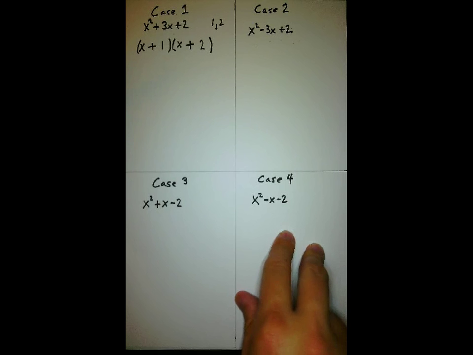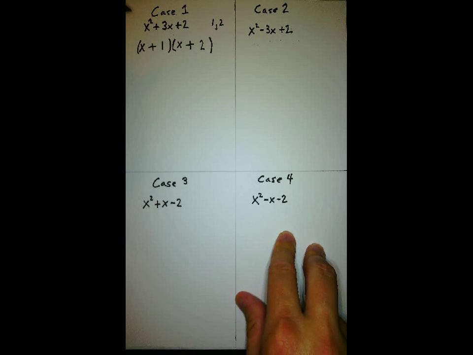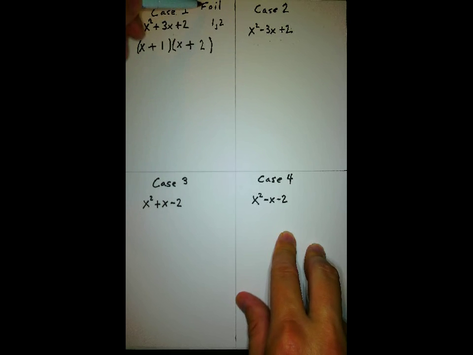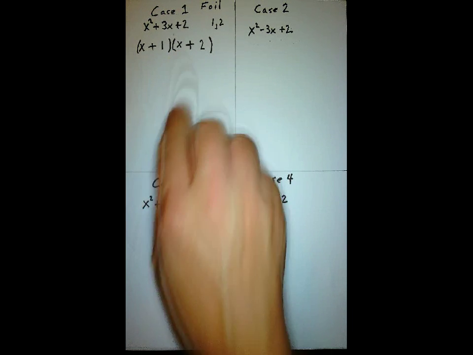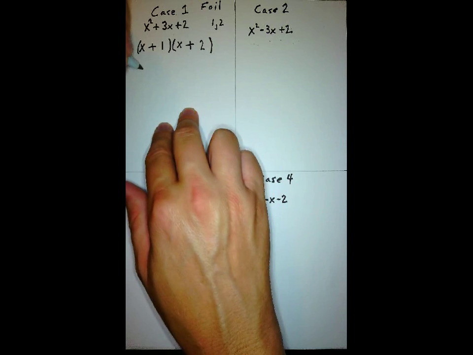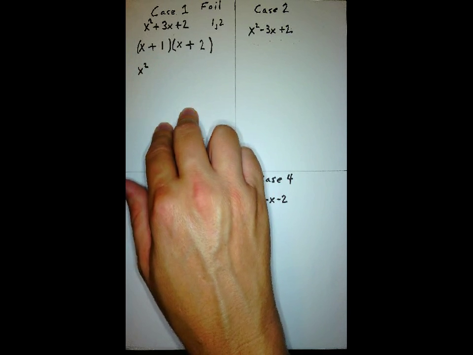So let's do FOIL real quick and check our answer and see how this works. Some of you may not be familiar with that, but a lot of books use this acronym. F stands for first, so this is the first 2 terms. So x times x gives us x squared.